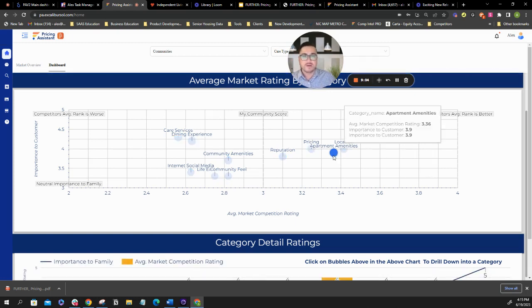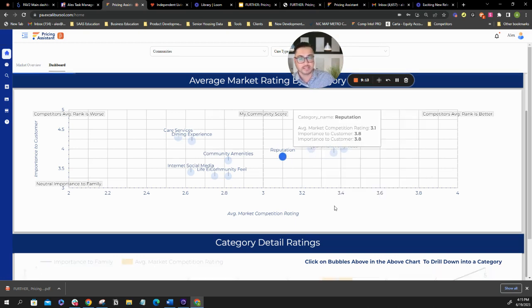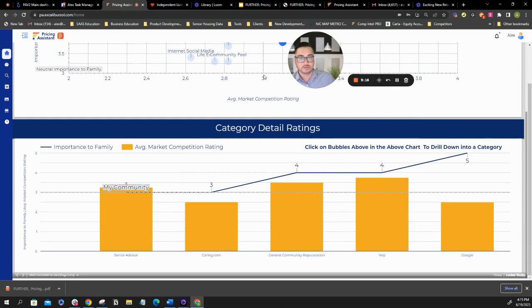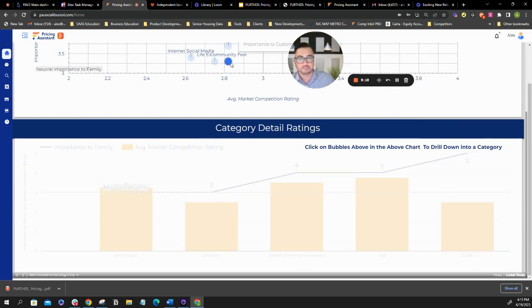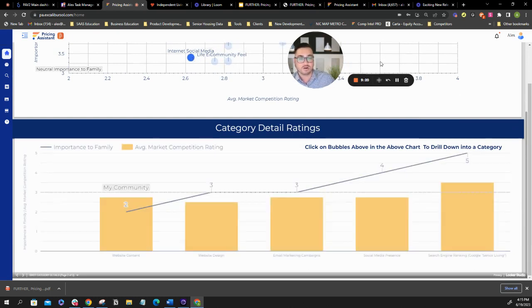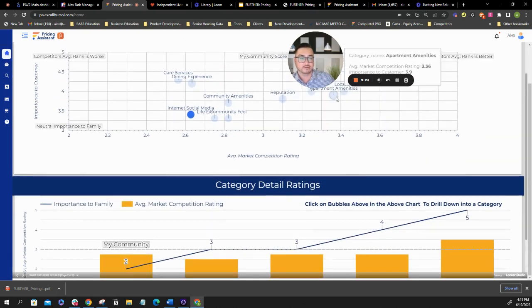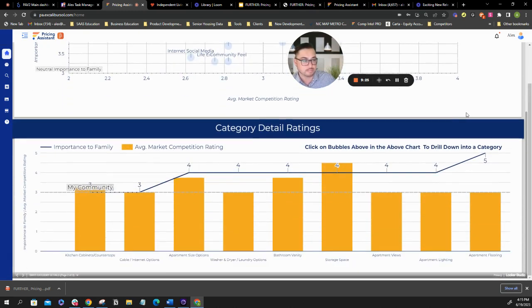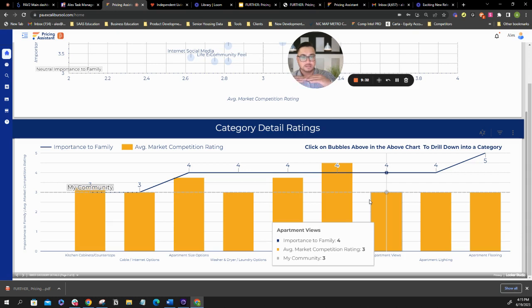Let's say you have some CapEx dollars and you want to allocate some of those resources to apartment renovations. You can drill down into any of these categories and see what our strengths and weaknesses are in a very detailed way. In this example, the line represents your community, so that's the baseline, and the bars represent the competitor score.